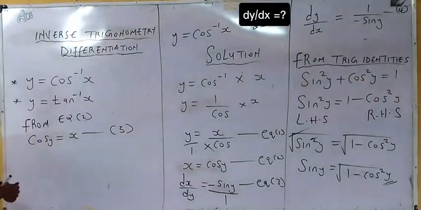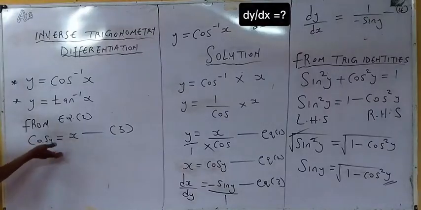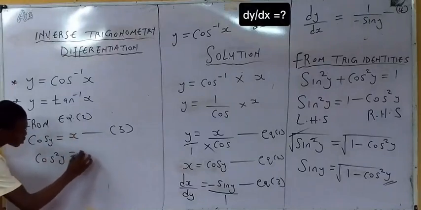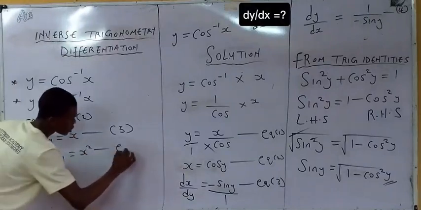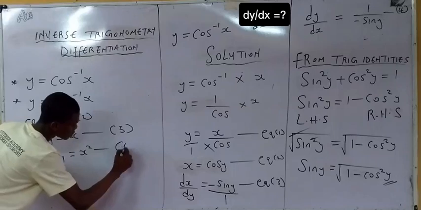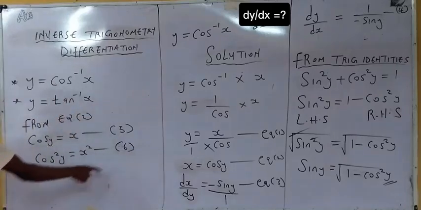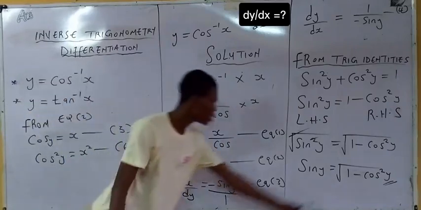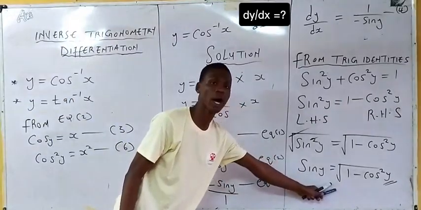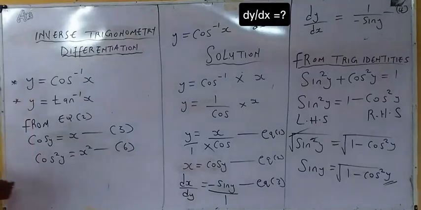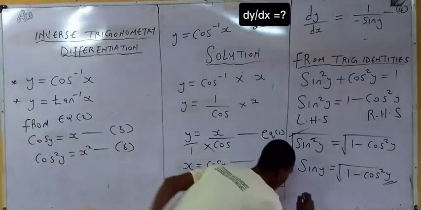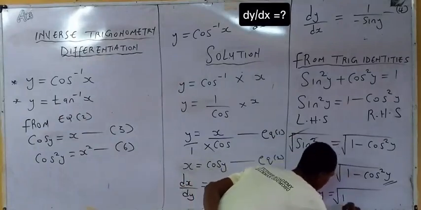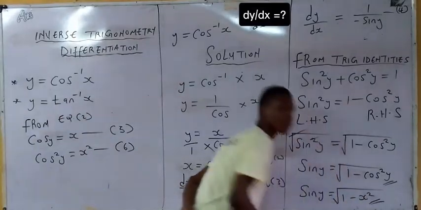From equation 5, we have cos y equals x. Then cos square y is equal to x squared. Call this equation 6. Substitute the expression for cos square y, which is equation 6, into this expression of sine y. Then sine y becomes the square root of 1 minus x squared, right?